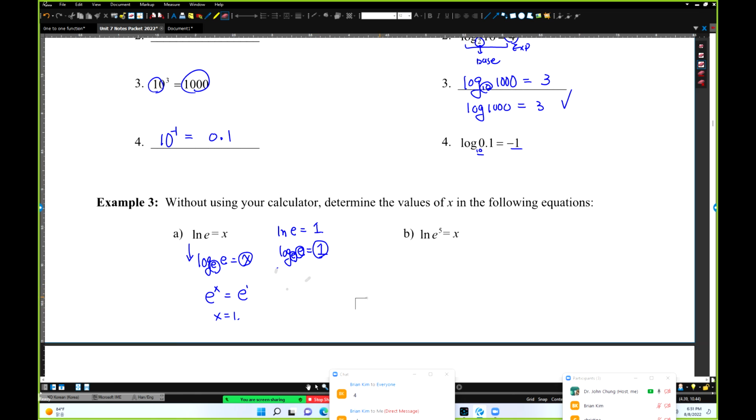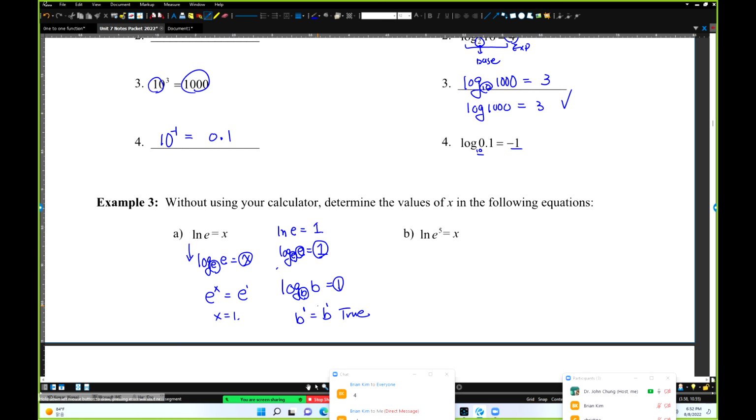Take a look over here. I'm going to use any base number b. When the base number and the power number are equal, the log is 1. Why? b to the 1 equals b. That is true, isn't it? b equals b, always true.